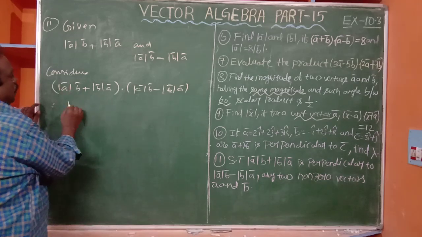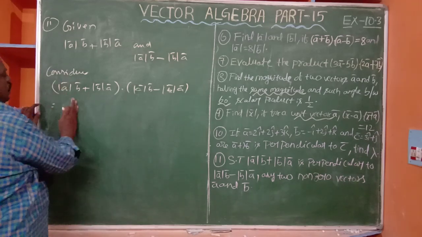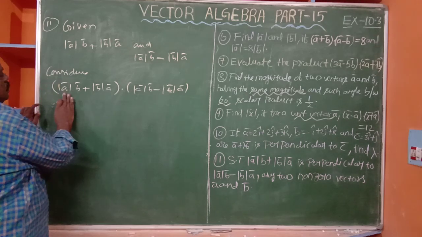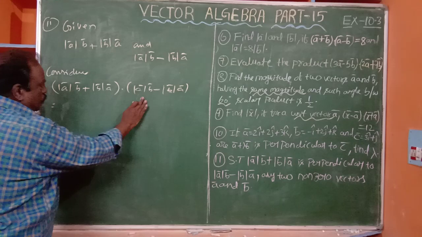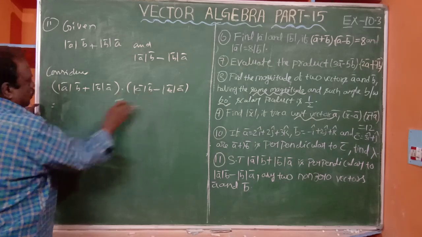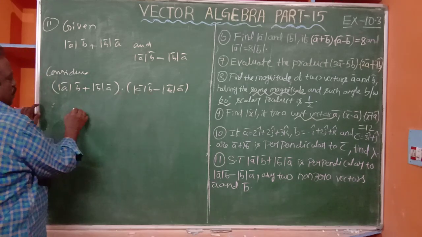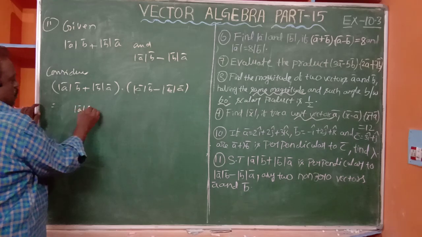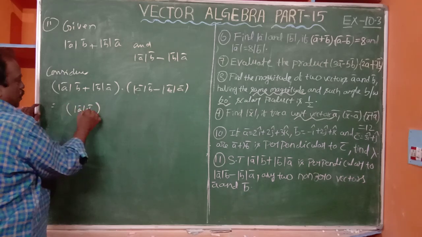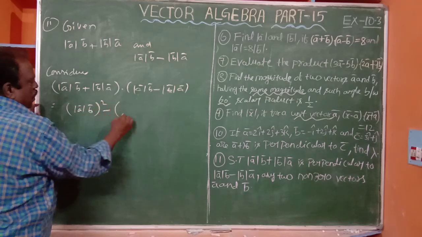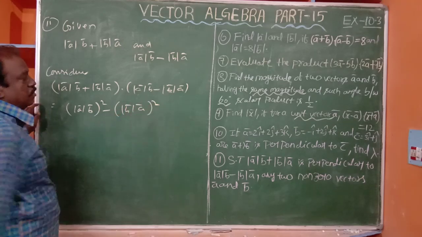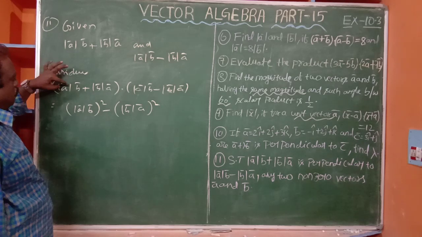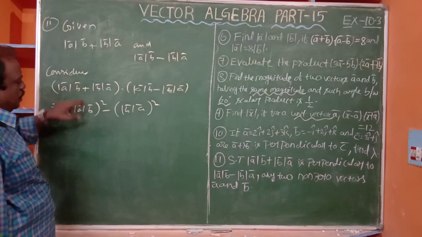So observe me. Modulus of A bar B bar, same thing is there, plus but minus. It is just like modulus of A bar B bar square minus modulus of B bar A bar whole square. Don't confuse: the first one is length, the second one is vector.